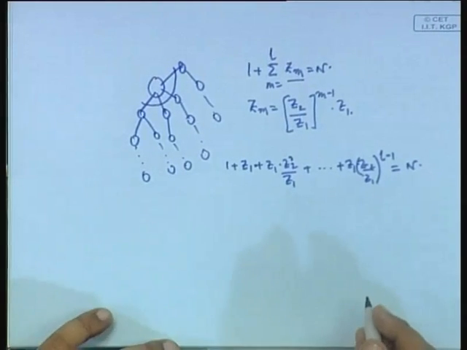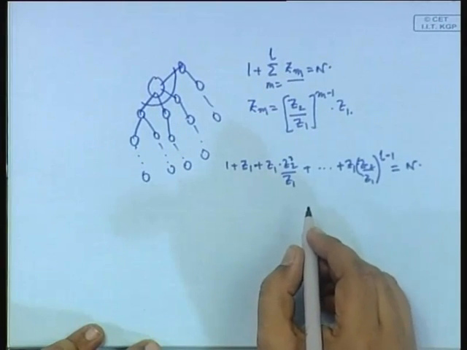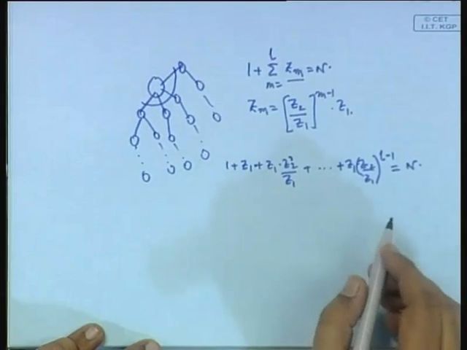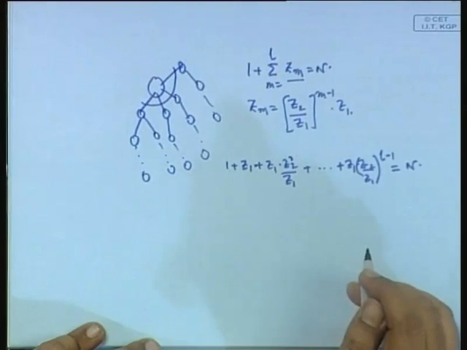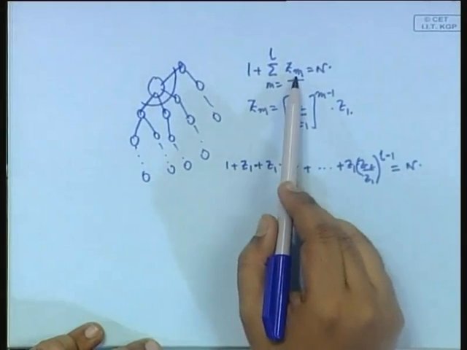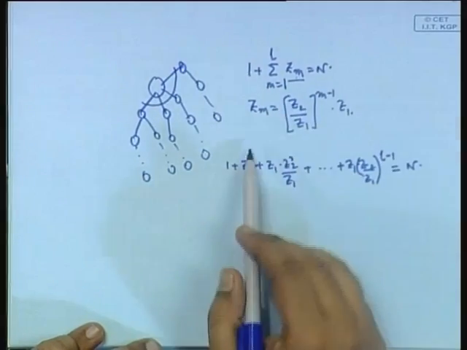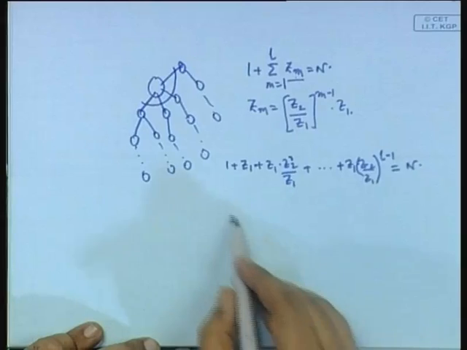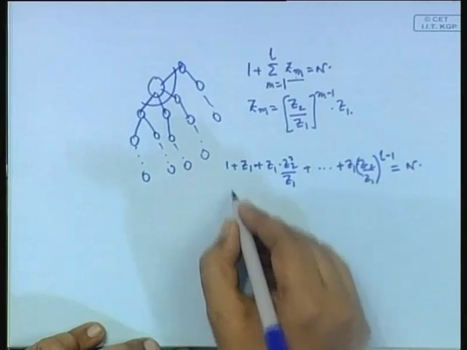Clear? I hope this is clear. See this, you have m equal to 1 to L, clear? So, this is just a simple series. You can go on solving this series.